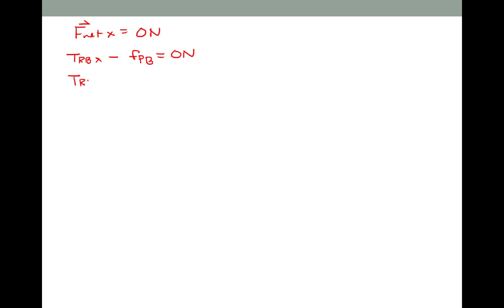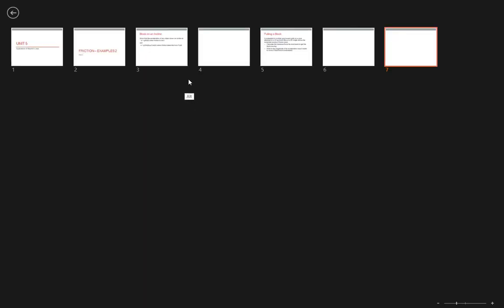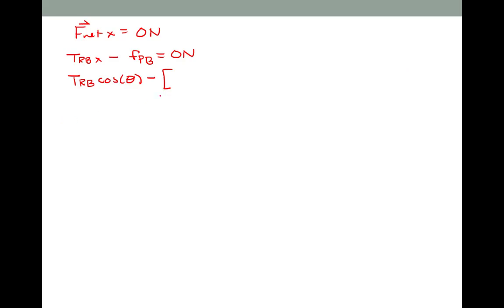So TRB cosine of theta minus mu s mg minus mu s TRB sine theta all has to equal 0 newtons.